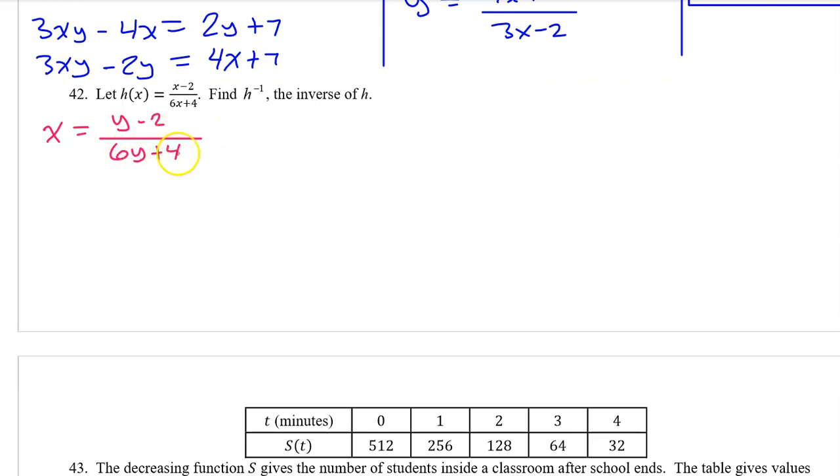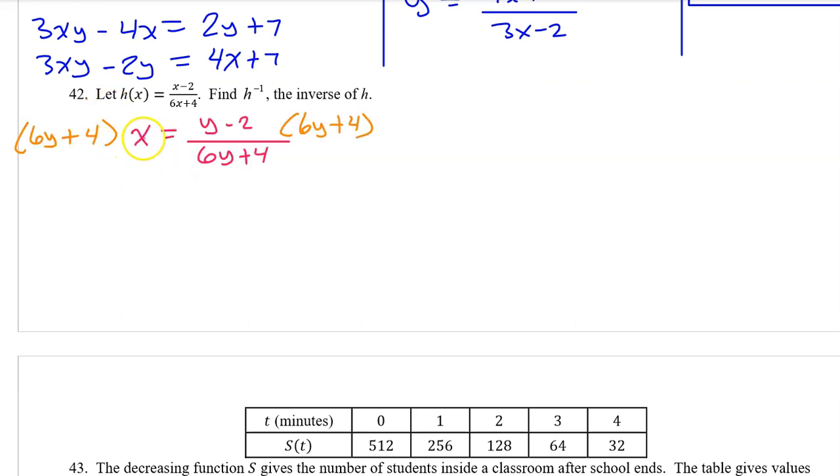Now I need to get rid of the denominator by multiplying both sides by 6y plus 4. On the left, I will distribute. So I'm going to get 6xy plus 4x equals. On the right, the 6y plus 4 and the other 6y plus 4 will cancel out, leaving y minus 2.